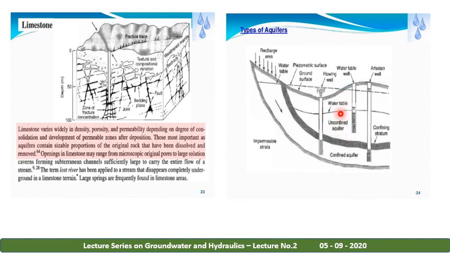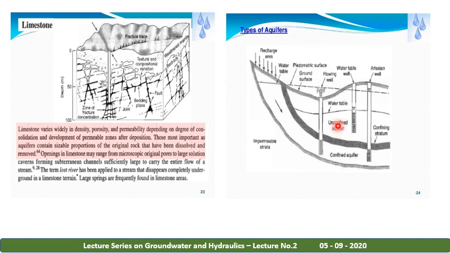This is a different aquifer, and this one is a different aquifer. For this, somewhere on the ground surface we will have a recharge point where this aquifer can be recharged. But the unconfined aquifer is freely available, exposed to atmospheric pressure, and here we don't have any impermeable rock layers.